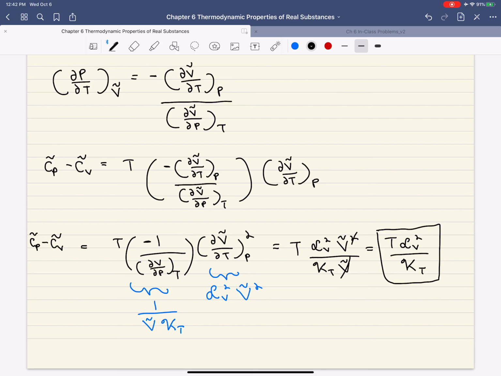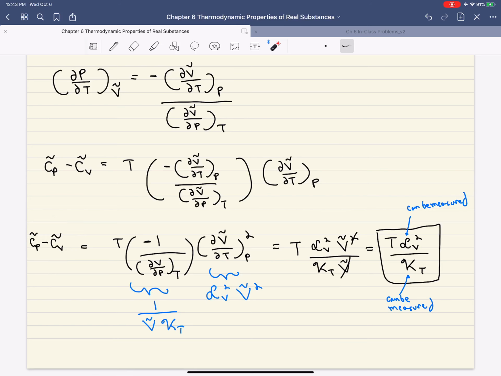So why is this useful? Well, now that we have the Cp minus Cv equation, as I mentioned before, alpha can be measured through experiment, and kappa can also be measured. If we just knew the values of alpha and kappa, then we could try to quantify the difference between Cp and Cv.